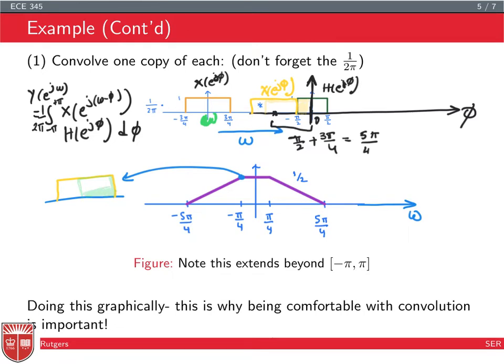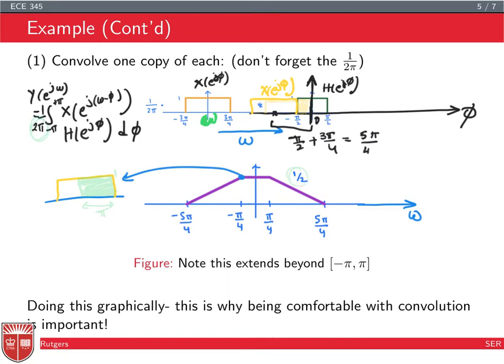This is the area. The area is the area of the green thing, which has height 1 and length pi, but you have to divide by 1/2 pi, and this is why it's 1/2 here.